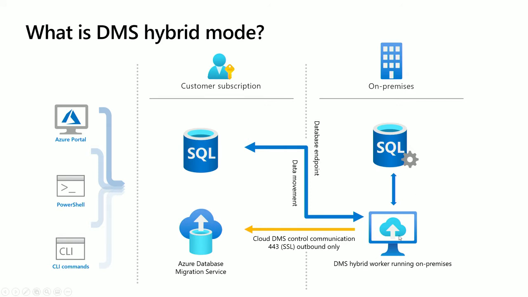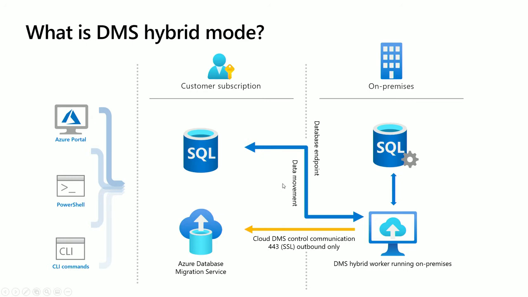So you install the DMS worker in your on-premises network, close to your sources. At that point, treat it as any other application connecting to your database. All the connection logistics and network protocols are easy to enable because you're already doing that for other applications connecting to the database. So you're not doing anything new, right?